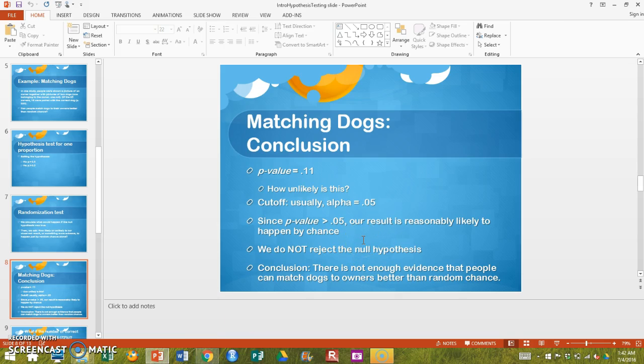If we're assuming the null is true and this likely occurs, then we can't reject the null. And basically, that's where it ends. We do not have evidence to reject the null hypothesis, and therefore we do not have evidence that people can match dogs to their owners beyond random chance.